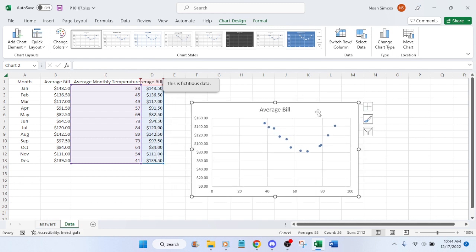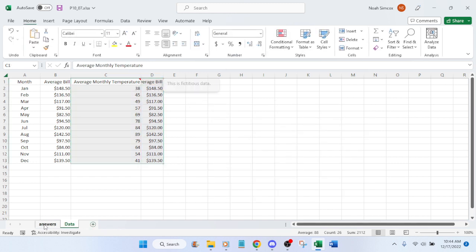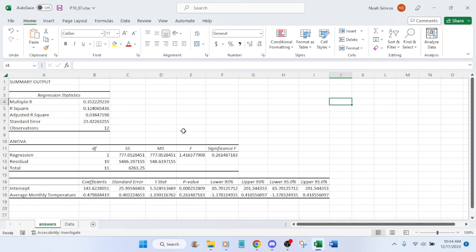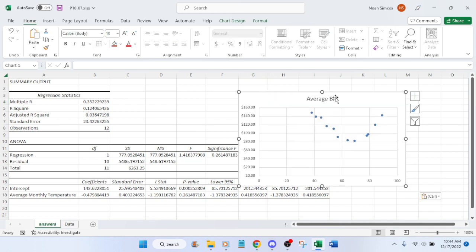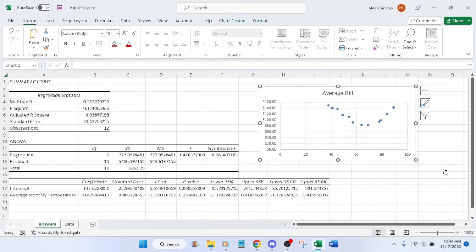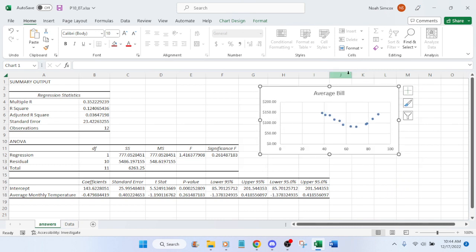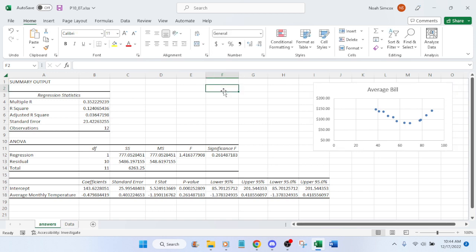And we'll cut and paste it here, and just put it right around here, and there we go.